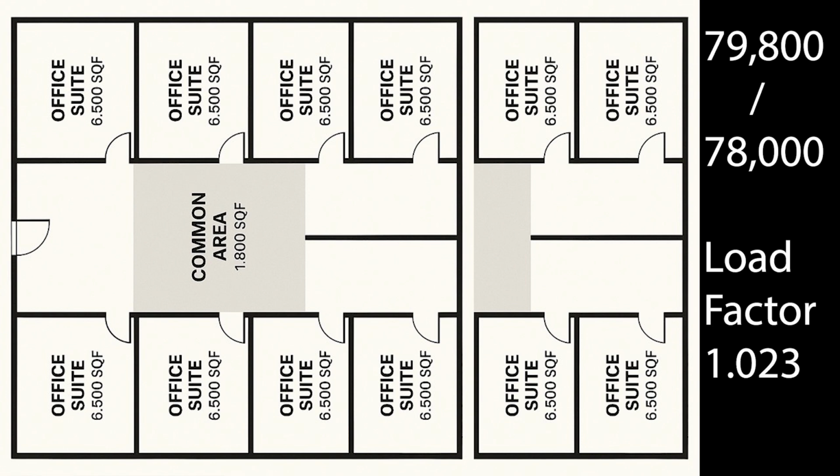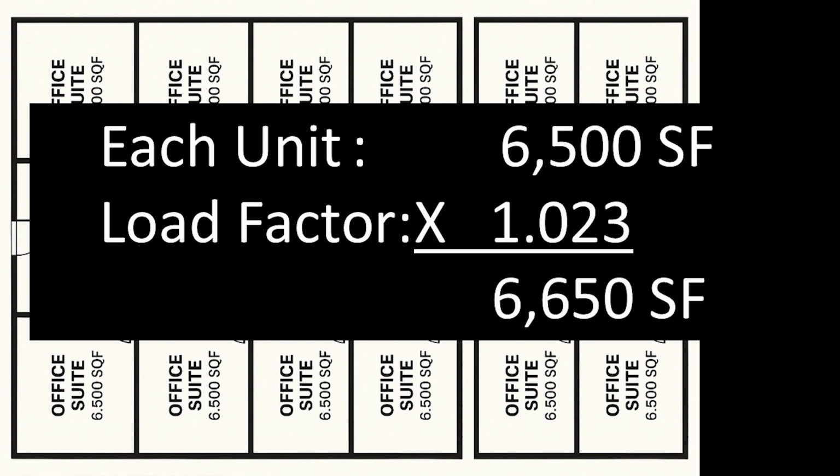Then we get our load factor, which is total rentable divided by total usable space. So that is 79,800 divided by 78,000. This gives us a load factor of 1.023. Step 4. Now we times that load factor by the square footage of each unit. In this case, they're all 6,500 square feet.